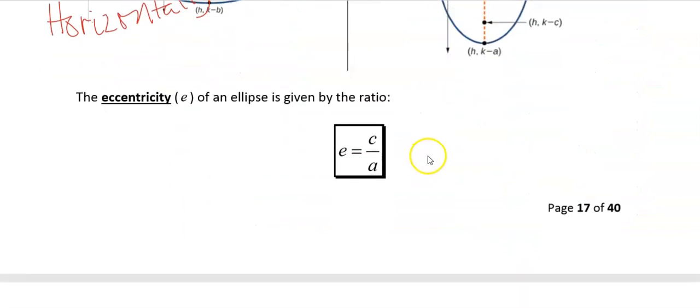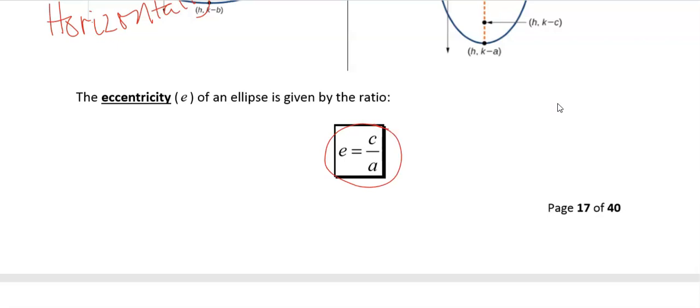Let's, oh, yes, here, look at this on the bottom of page 17. You don't see this very often, but there's something, the measurement basically, it's sort of the measurement of how stretched out an ellipse actually is. How elongated is it? And it's called the eccentricity of an ellipse. And it's a very simple formula for it.